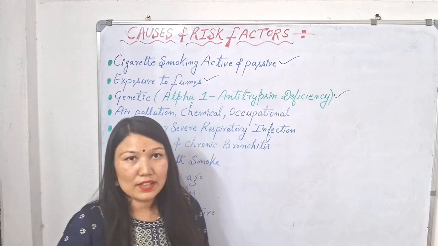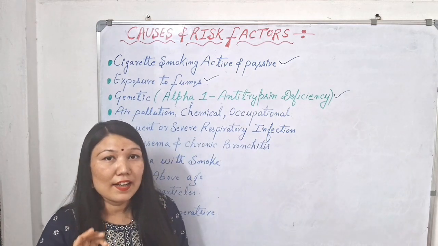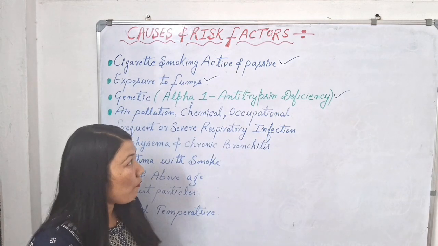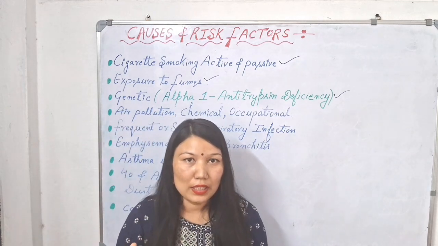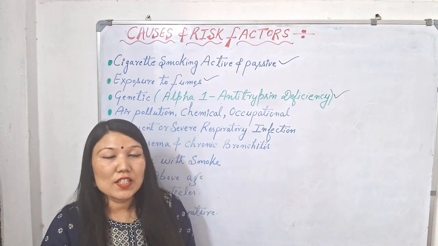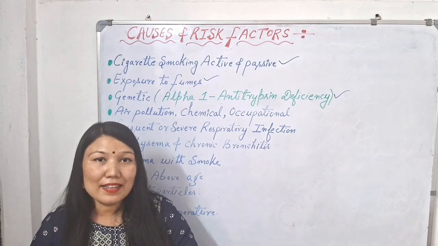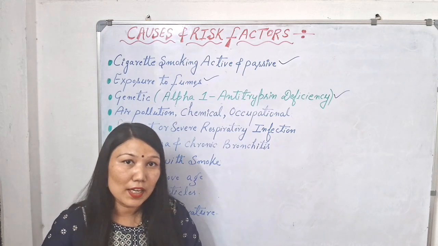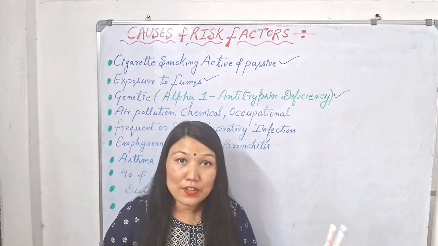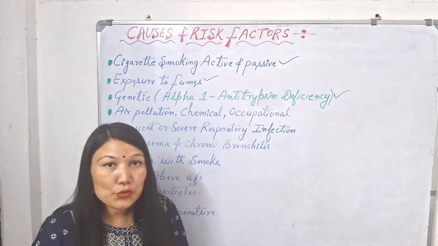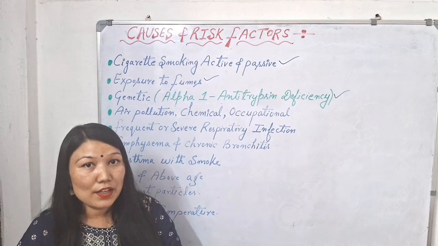So what happens in this condition? Our liver secretes a protein that is called alpha-1 antitrypsin. This is a protein which is secreted from the liver. So when this protein is secreted from the liver, it mixes into the blood and goes to our respiratory system, which is very useful, which is needed in our respiratory system.